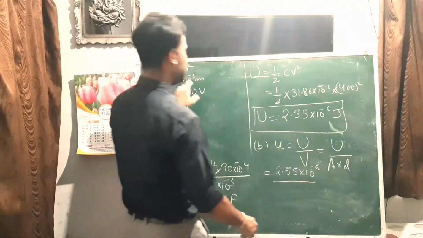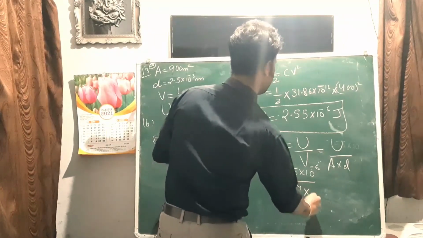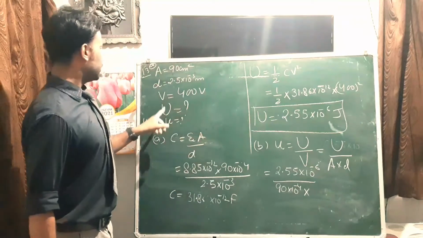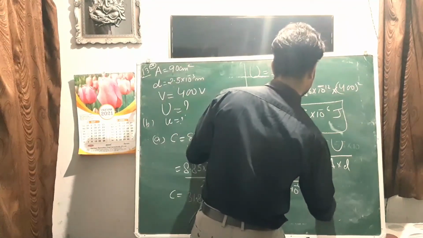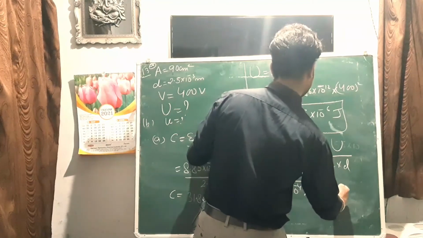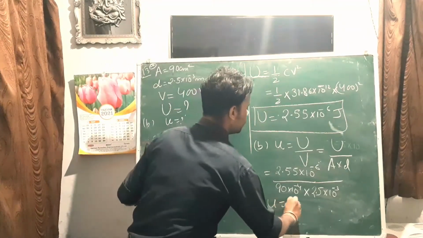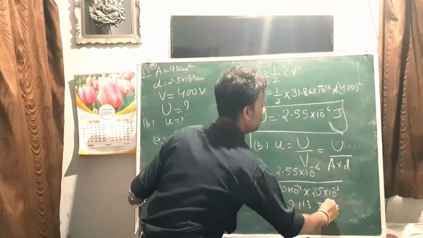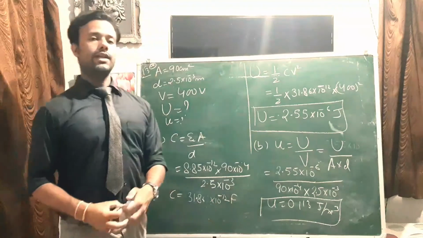Area is 90 centimeter square, that means 90 into 10 to the power minus 4, upon D, which is 2.5 into 10 to the power minus 3. So you will get u equals 0.113 joule per meter cube. That will be the value of energy density.